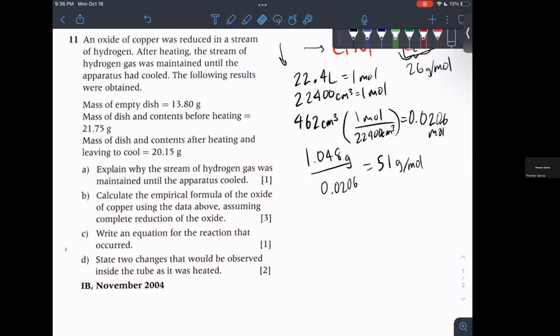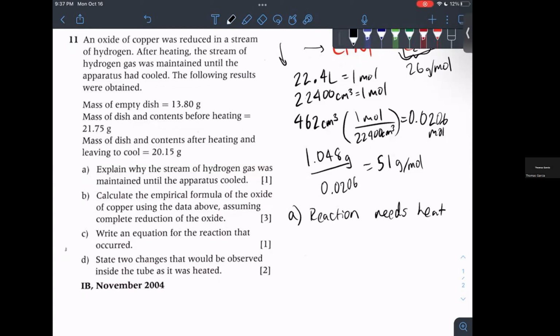So for this first one, the stream of hydrogen gas has to be maintained because, oops, sorry, this reaction needs heat, and we want to ensure that we, one, don't have any backwards reaction.